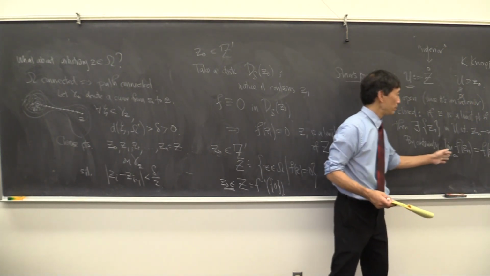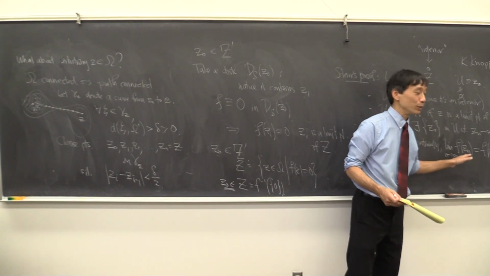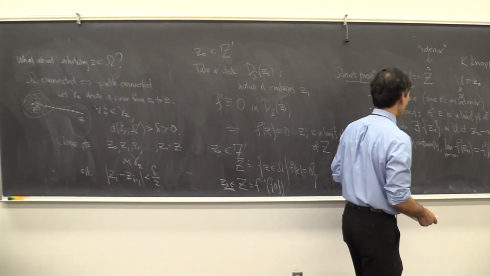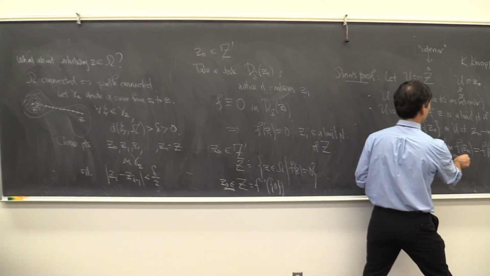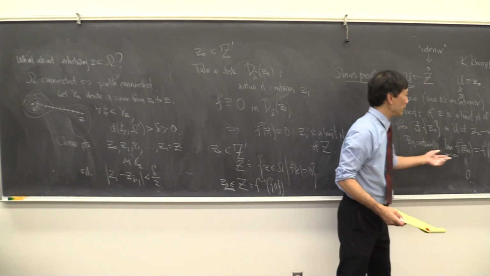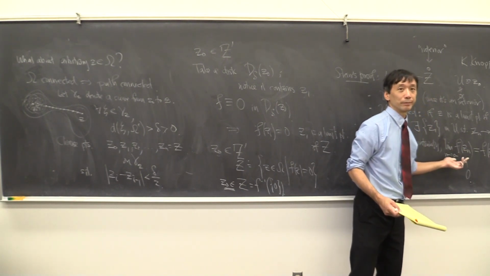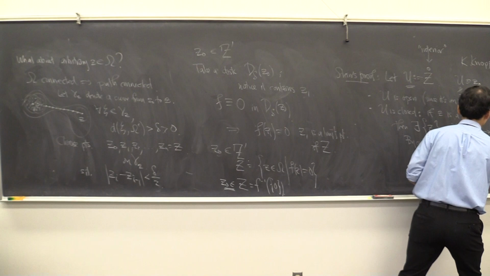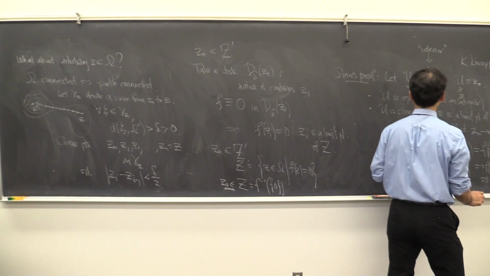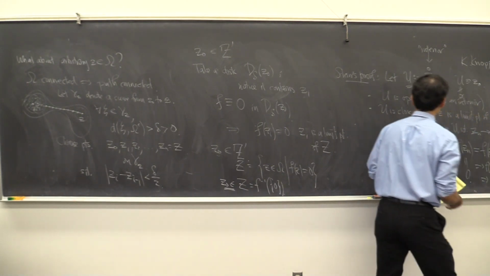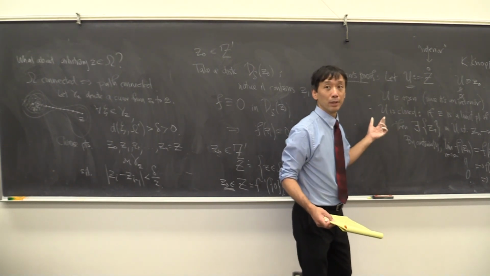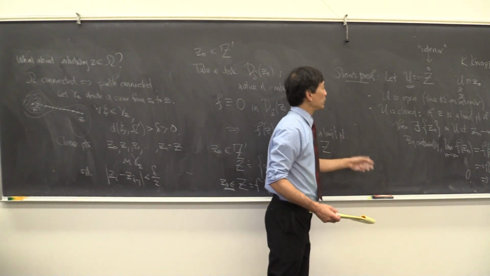Whenever you have a continuous function, this is true. That's almost a definition of continuity. But f of z sub n are all 0. So what does that tell you? That tells you that f of z must be 0, which tells you that z is in U, because we've just shown that any limit point is in the set itself.